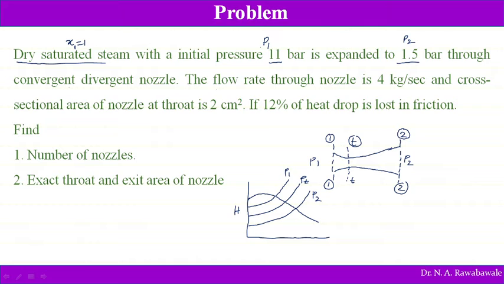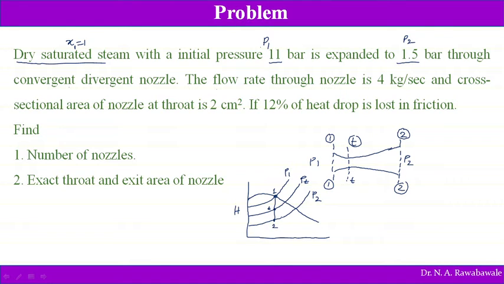Initially the steam is dry saturated, so point 1 is on this curve, then it is expanded up to the throat and then up to the final pressure, point 2.